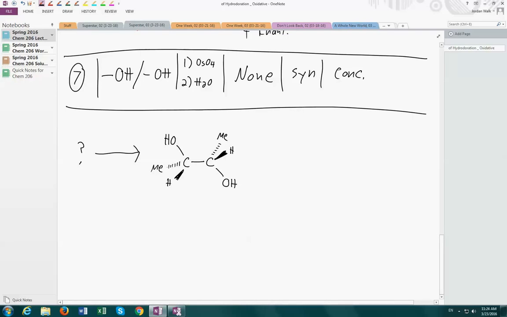Now, have we learned some way that we can form a diol? Yeah, absolutely, we just did. So we know that the reaction here is going to be with osmium tetroxide and then with water. And so importantly, we just said that whenever we do this reaction, we're going to have syn stereochemistry every time. All right, so anytime we form diols using osmium tetroxide, we're going to end up with the syn products.